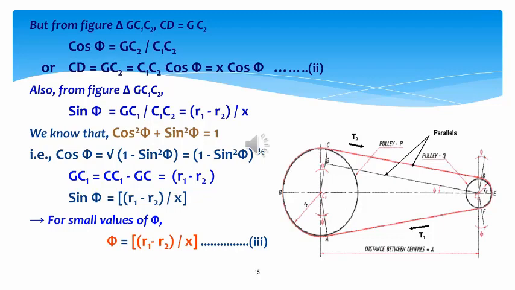So GC1 is equal to CC1 minus GC, that is equal to R1 minus R2, and sin phi can be reduced further to (R1 minus R2) divided by X. Now for smaller values of phi and ignoring the higher order terms, we can get phi is equal to (R1 minus R2) divided by X. Let this be the third equation. So we have equations 1, 2 and 3.